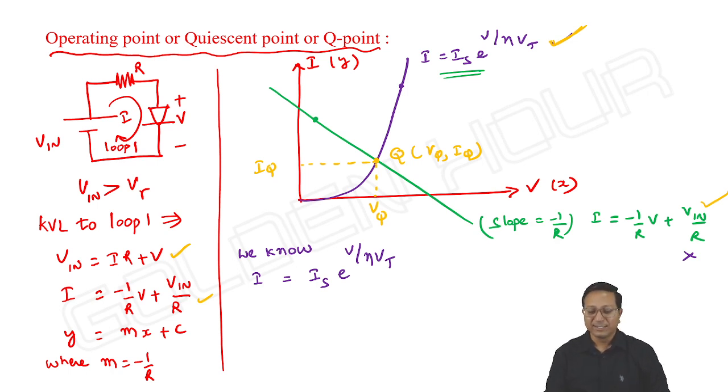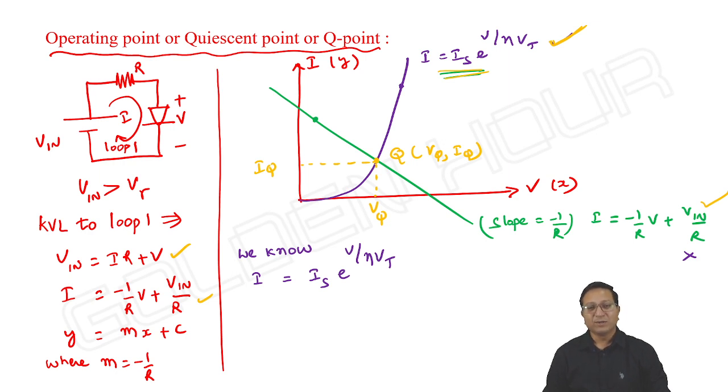With that assumption only, so far we did all the calculations. I need not write this equation every time. So far what we do by default is I'm writing some loop equation, node equations and finding the voltage across the diode and current through the diode, under the assumption that the values of I and V we have got are satisfying the device characteristics also. With that assumption only I did so far.